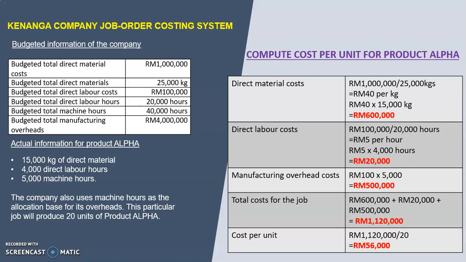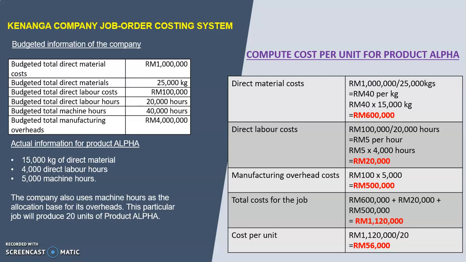And again, as I explained just now, for the manufacturing overhead cost, in the previous slide we have calculated the rate of RM 100, and this product uses 5,000 machine hours. So 5,000 times 100, you get RM 500,000. So how much is the total cost for the job? 600,000 direct material cost, 20,000 direct labor cost, and 500,000 manufacturing overhead cost.